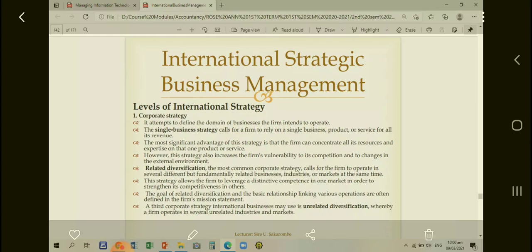The single business strategy calls for a firm to rely on a single business product or service for all its revenue. A single business strategy exists when a company derives more than 95% of its revenue from a single business activity. As the percentage decreases, a business is said to be following increasingly diversified strategies.